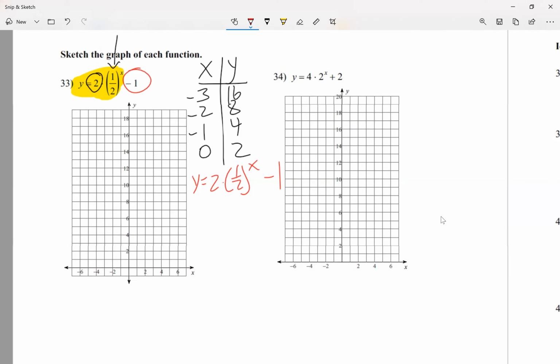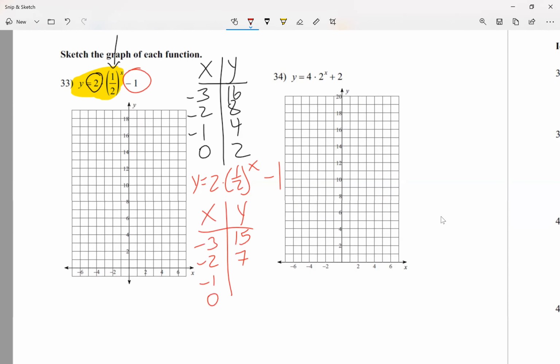So let me make a table here. My x values, let me leave them alone. So -3, -2, -1, 0. On my y values, let me subtract 1. So that gives me 15, 7, 3, 1. And then let me plot these points in.